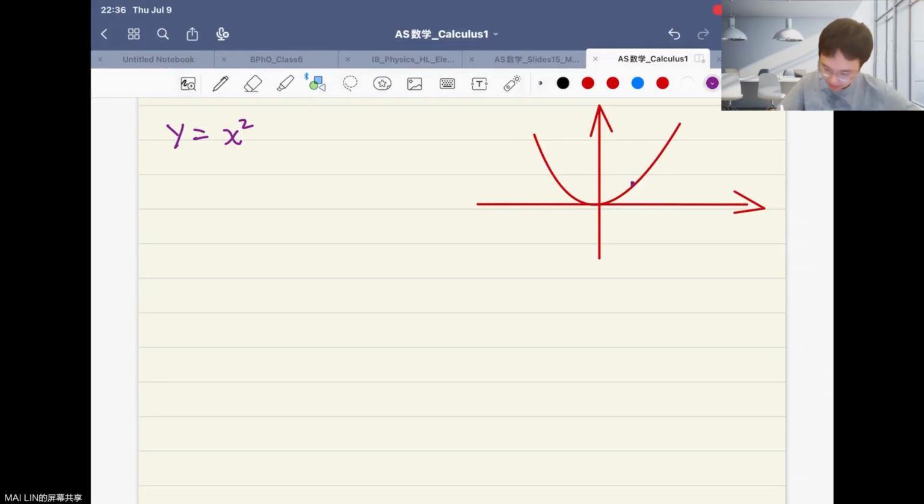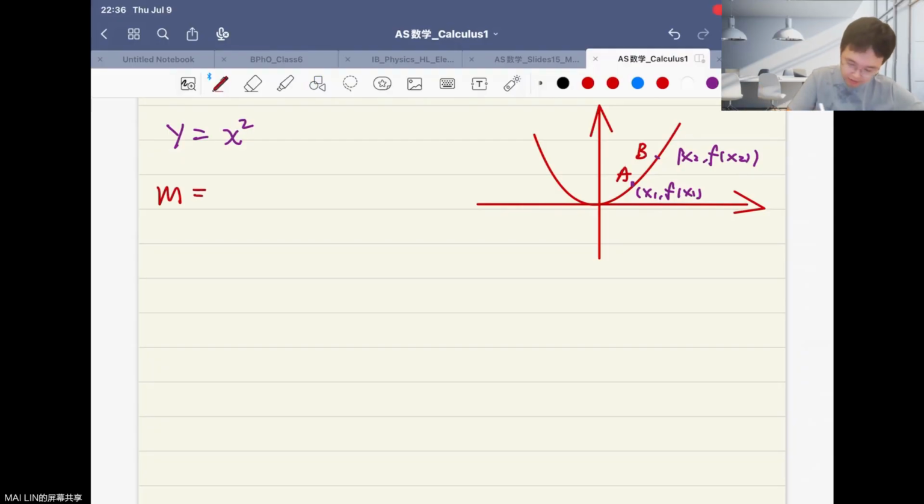Maybe we have two points. You can consider here x1, f(x1), and this is x2, f(x2). If you want to find the differentiation, first we consider the gradient m between the two points, a and b.